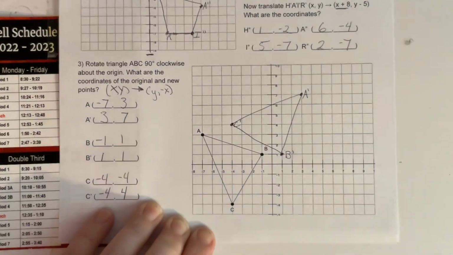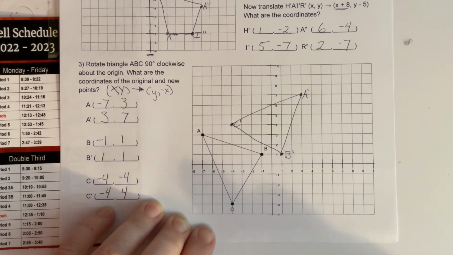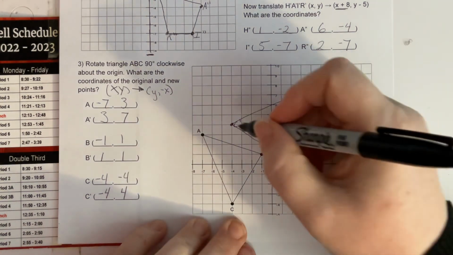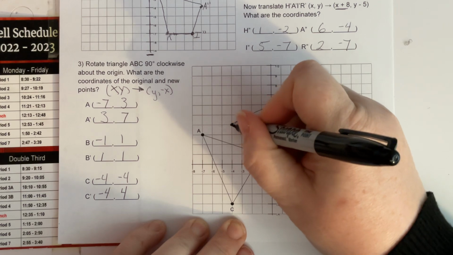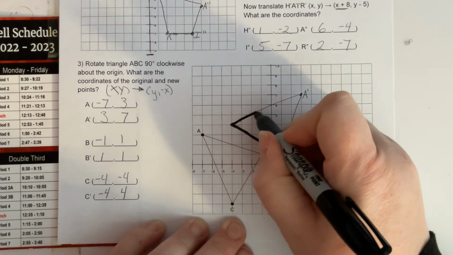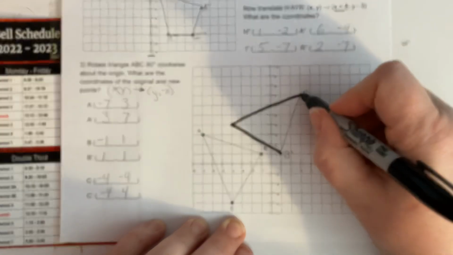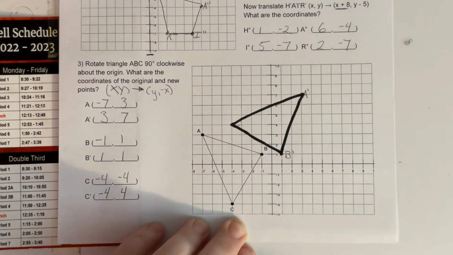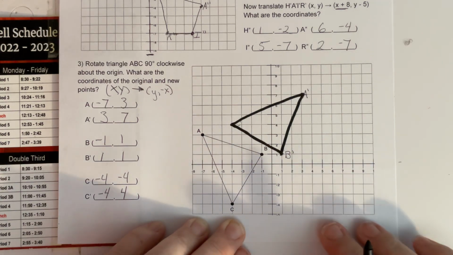Okay, now, how do I know that this is right? So something that you can do, I'm going to try really hard to do this so it's going to show up. I'm going to go over this with a Sharpie so you can see it. So obviously you don't need to do this on your test because you're going to be in a classroom, so it's going to be a lot easier to see. All right, but that's my new shape.